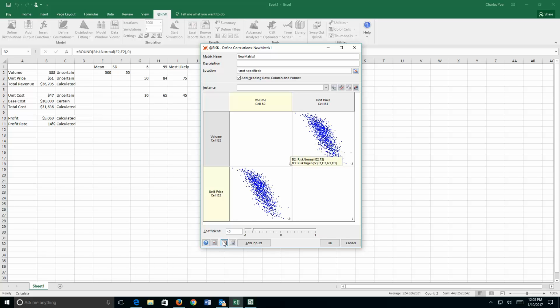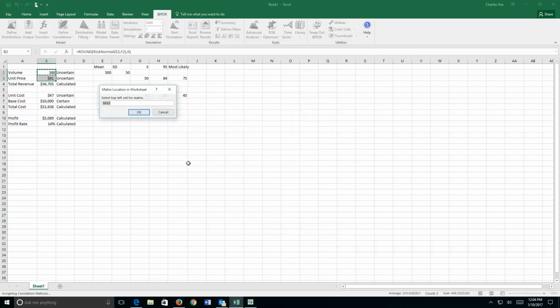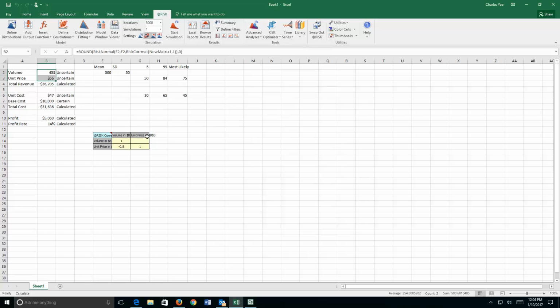A negative relationship, reasonably strong, but not a perfect relationship by any stretch of the imagination. So we're going to say OK to this. We are prompted to select a location for the matrix. We say OK. Indicate we're going to use cell E13. Click OK, and the matrix is written in here.